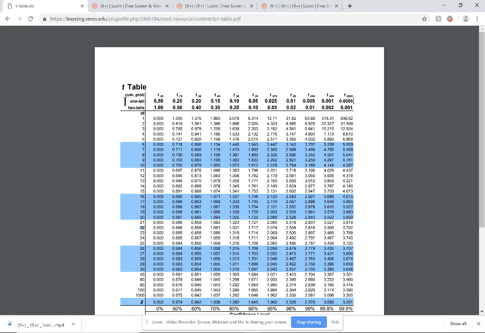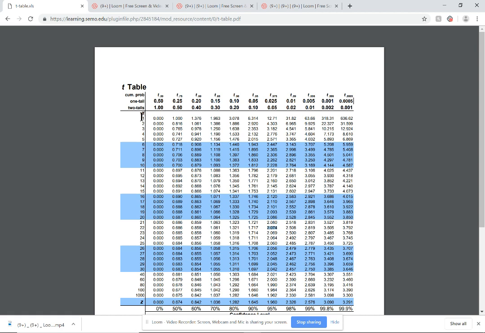Again, it doesn't matter which one you look at. If you're looking at the one tail, then you should be looking at 0.025. And if you're looking at two tails values, it's going to be 0.05 because both will give you the same result, right? Okay, so let's say that our one tail value is 0.025, which means your two tails accumulating value is 0.05. So you find the intersection between those 2 points, and that number is 2.074.